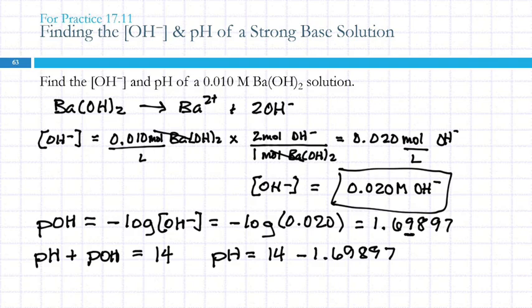Yeah, question? So for strong bases, is the pOH plus the pH always 14? Yeah, pH plus pOH always adds up to 14. Doesn't matter if it's a strong acid or base, weak acid or base, it's just always true. It's really a property of the water itself.